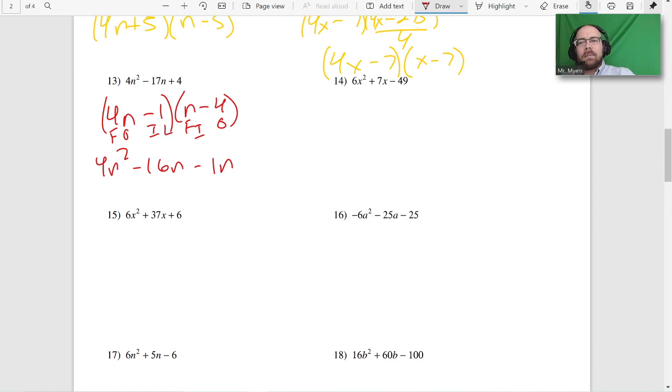And then last times the last, positive 4. 4n squared minus 17n plus 4. We're back to where we started, so we know it works. That is the perfect way to check your work, is to just FOIL it back out and see if you get back to where you started. Okay? FOILing and factoring are opposites, so it's a great way to check your work.